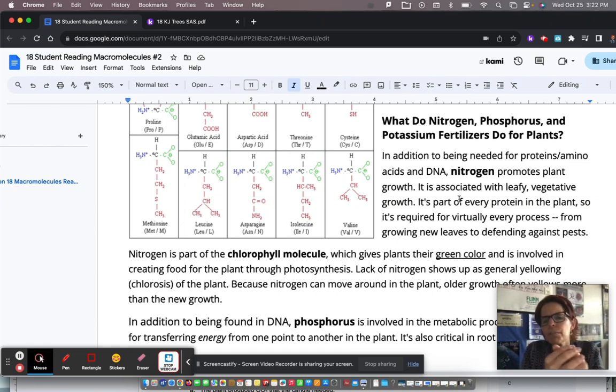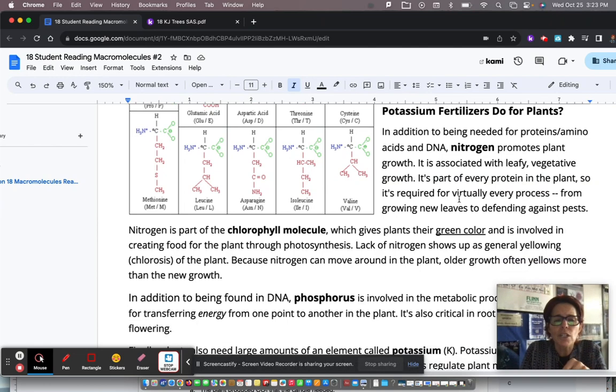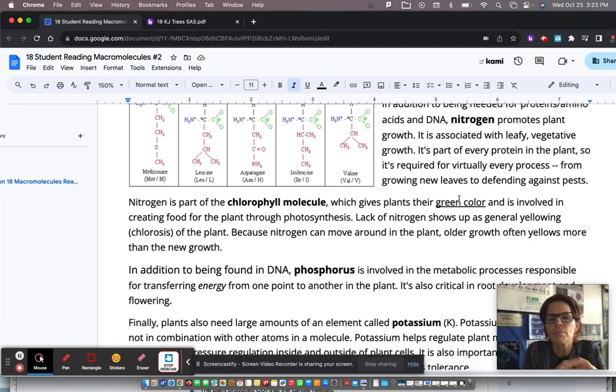It's part of every protein in the plant, so it's required for virtually every process, from growing new leaves to defending against pests. Nitrogen is also part of a chlorophyll molecule, which gives plants their green color and is involved in creating food for the plant through photosynthesis.